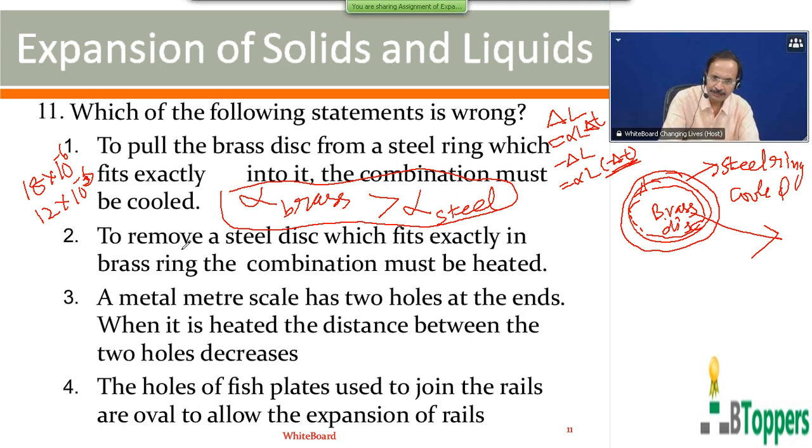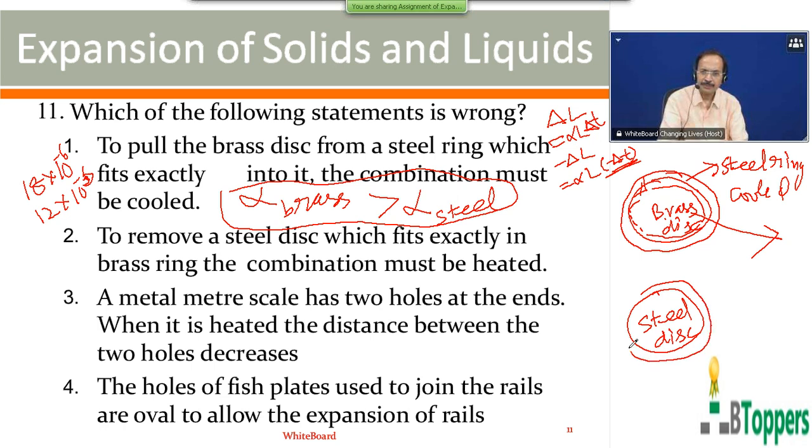Statement 2 is the converse of the previous statement. If you have a steel disc which fits exactly into a brass ring, and the combination is cooled, the brass ring, which has a greater value of alpha, will contract more compared to the steel disc.